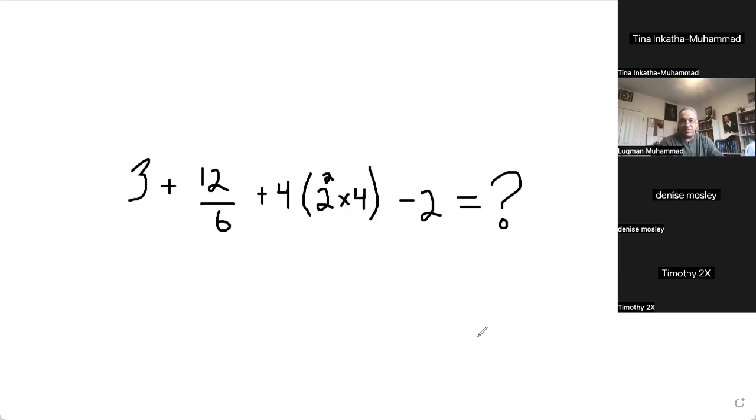Okay. We would start in the parentheses. Okay. And write it down. So now we're inside the parentheses. So now what do we see inside the parentheses that needs our focus first? An exponent. Okay, so now what do we do next? We have to solve what's in the parentheses, which is 2 times 2 times 4.